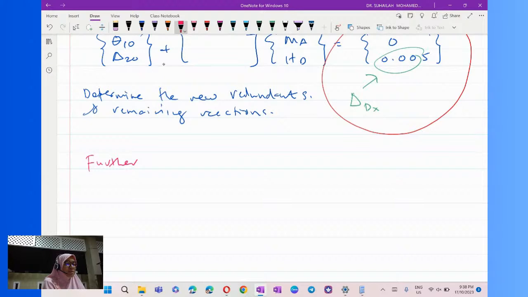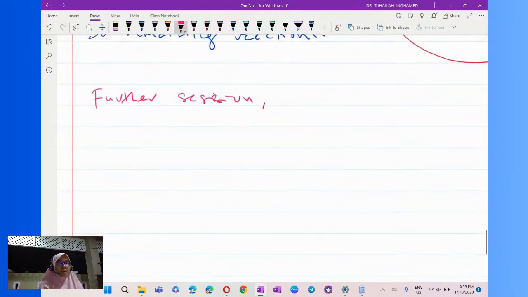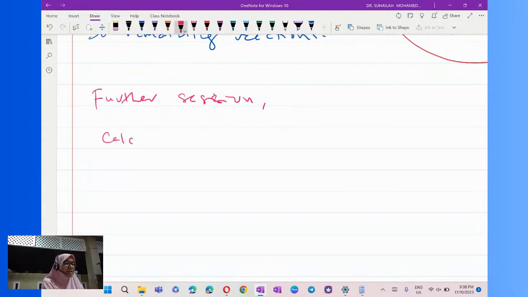In that session I want to give you an example of how we determine displacement. For example, calculate rotation at C.